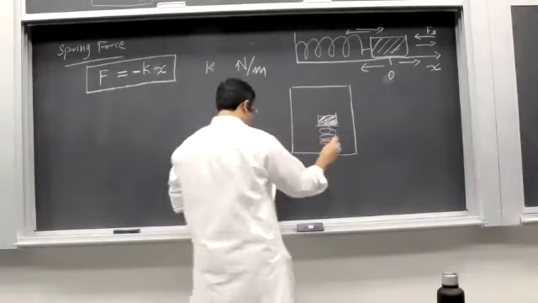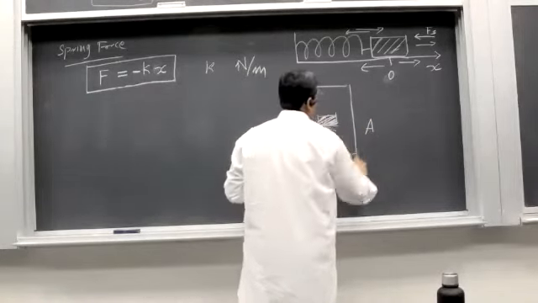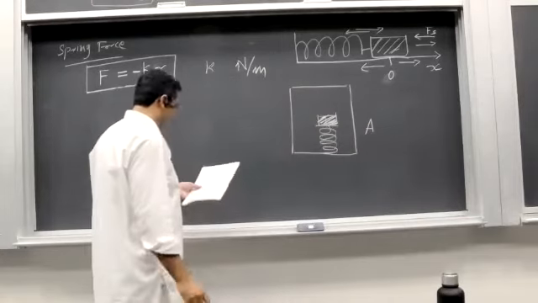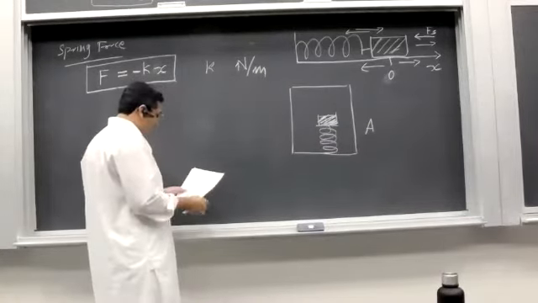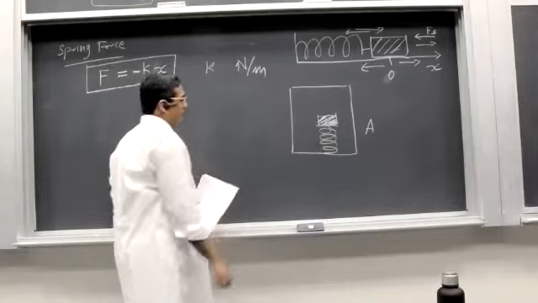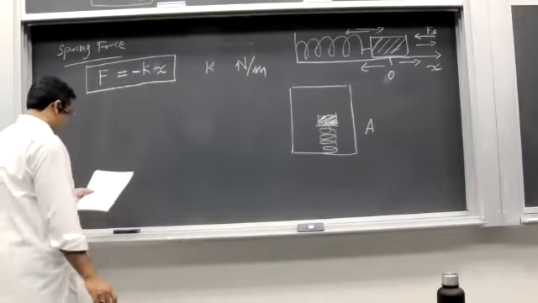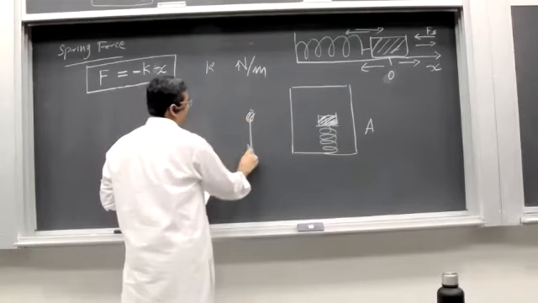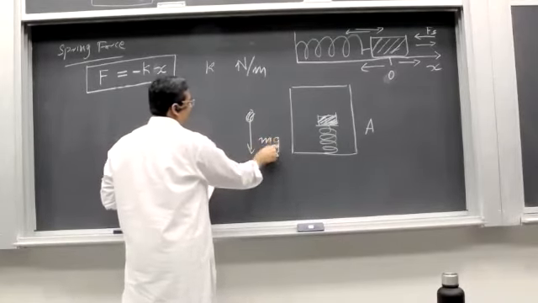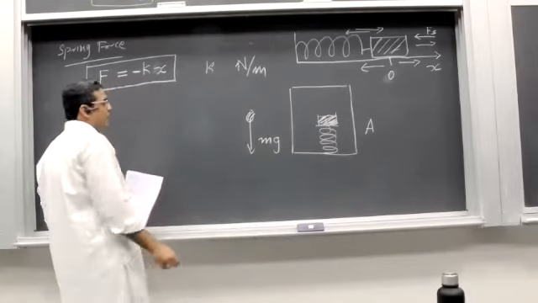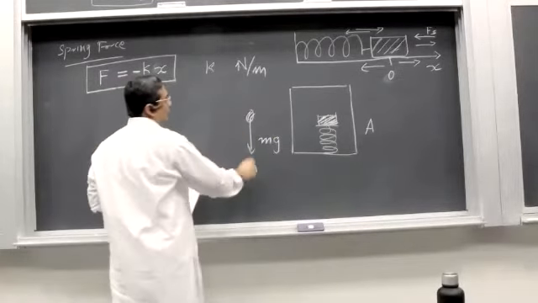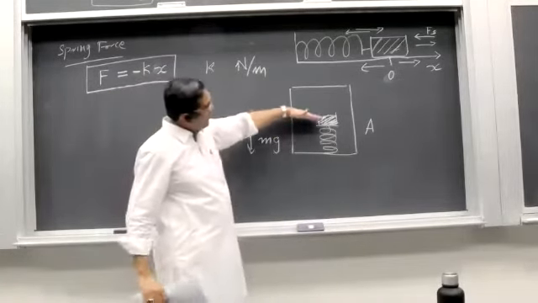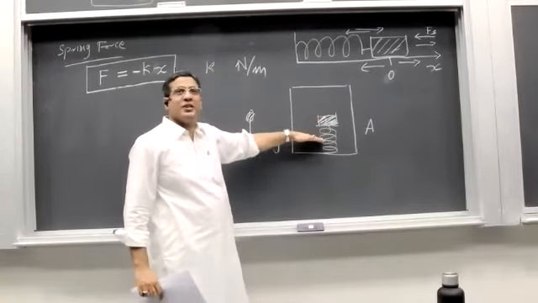The elevator is accelerating with a fixed acceleration a. Now, what are the forces acting on the block? The force of gravity, mg. This force weighs down the spring, which means it compresses it.